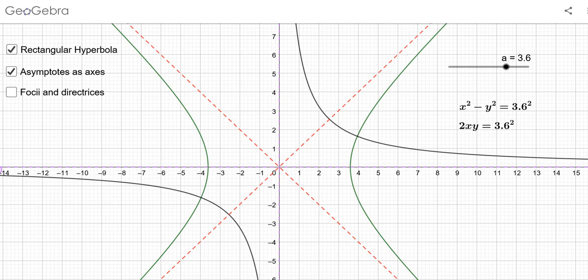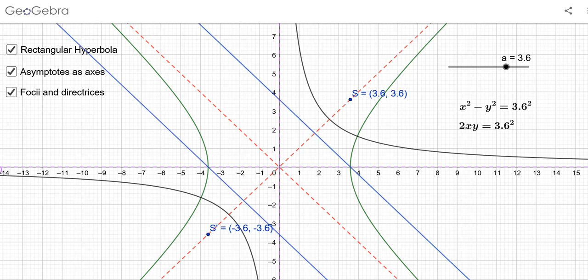And when we do switch the asymptotes to be the axes, the foci and the directrices of course switch as well. So if you notice the two foci, they are at the coordinates a and minus a, and the two directrices, although it doesn't have it marked on here as such, are at y plus x equals plus or minus a.